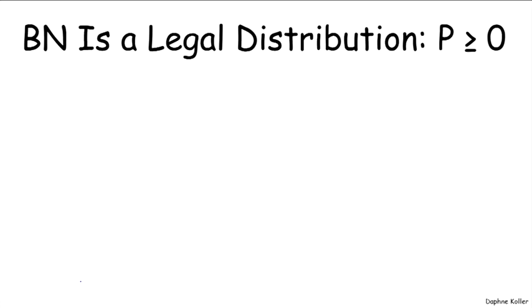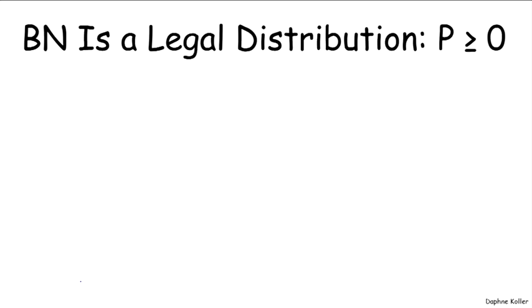So that's great, and I just defined a joint probability distribution, but who's to say that it is even a joint probability distribution? So what do you have to show in order to demonstrate that something is a joint probability distribution? First thing we have to show is that it's greater than or equal to 0, because probability distributions had better be non-negative.